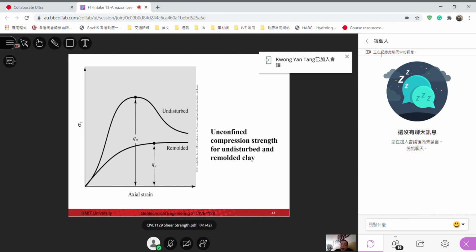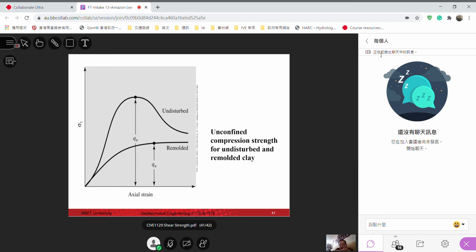so another thing that we are talking about is if the soil is remolded, disturbed, then it will disturb the soil fabric. Okay, remember the soil fabric, you have clay and silt and sand particles. Due to the geological formation, it has a certain internal structure.